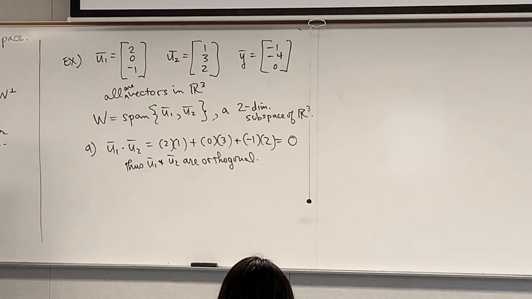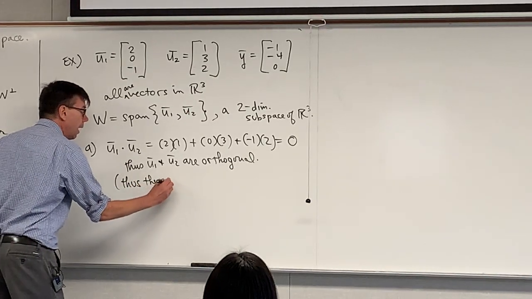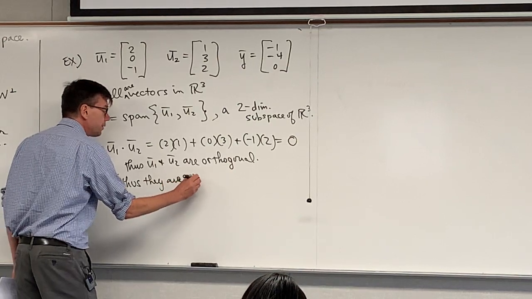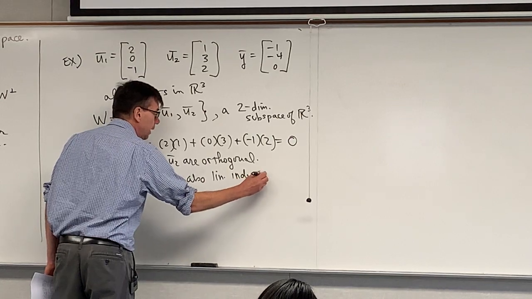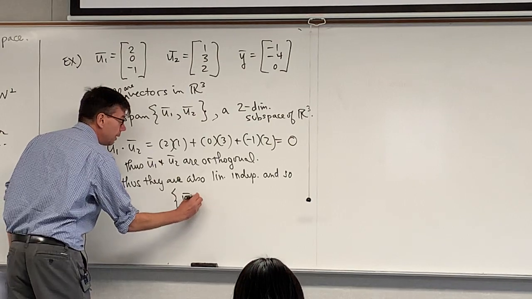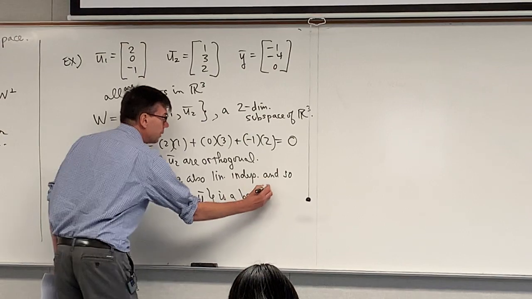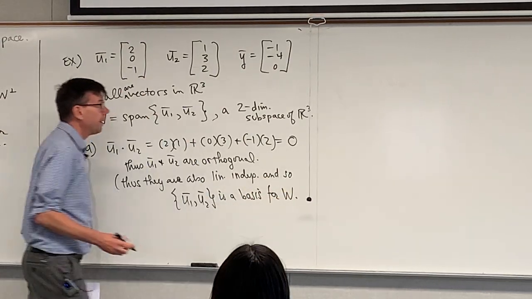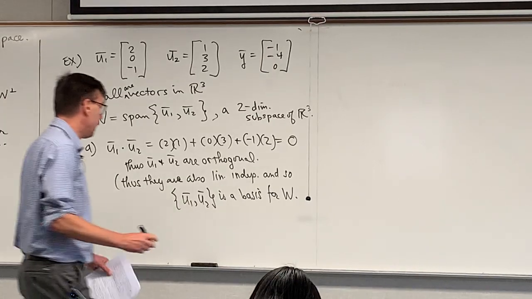And remember that automatically means they are linearly independent. And so u1 and u2 is a basis for W. I guess we actually don't really know for certain until that point that we're two-dimensional, right? We got to verify that they really are a basis.